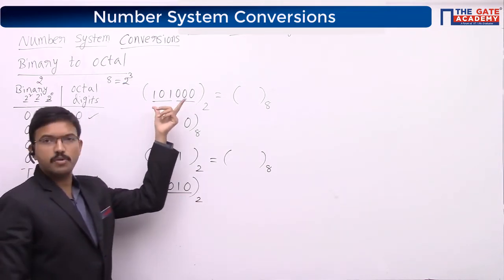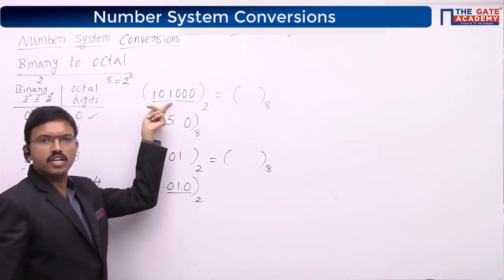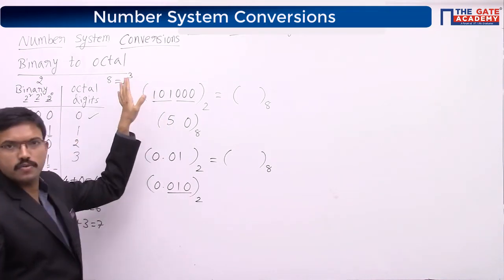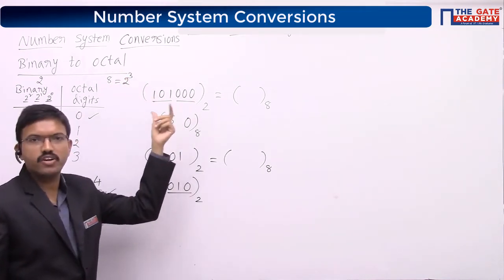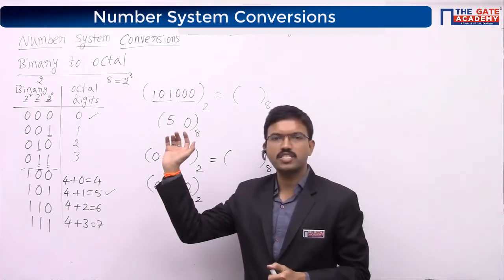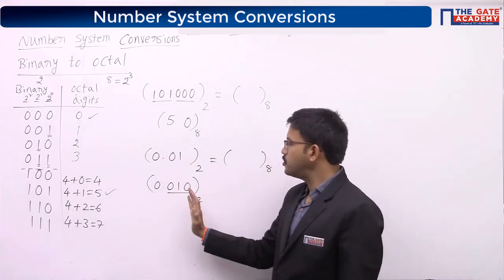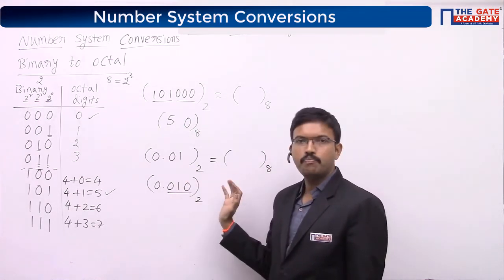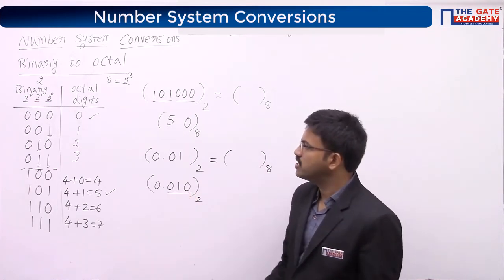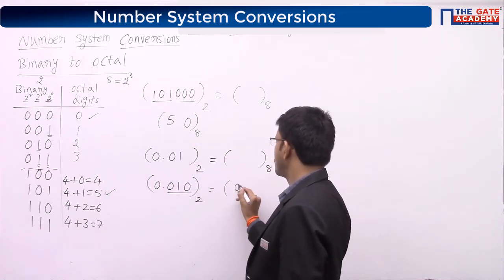Suppose you have only 2 bits but want to group 3 bits, then you put one more 0. For the integer part, you can place any number of zeros on the leftmost side based on your requirement, and the equivalent value doesn't change. Similarly for the fraction part, if you put any number of zeros on the rightmost side, the equivalent value doesn't change. So here you have 0 1 0, that is nothing but 2. So this is nothing but 0.2 base 8.